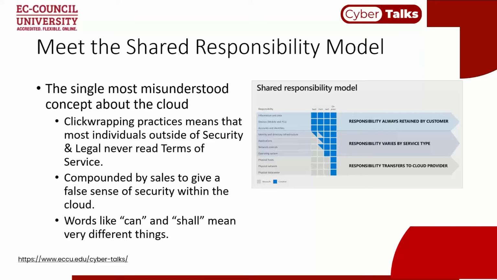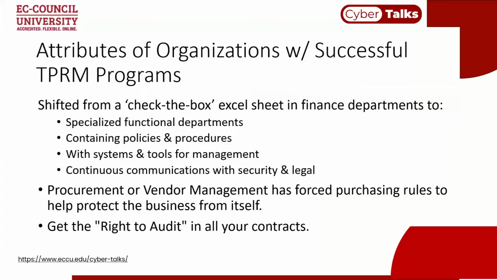Now, let's talk about the attributes that organizations would need to create a successful TPRM program, which is a third-party risk management program, right? First off, shift away from that check-the-box Excel spreadsheet that the finance department started about 7-8 years ago, right?